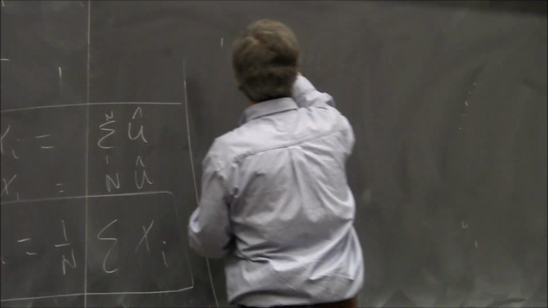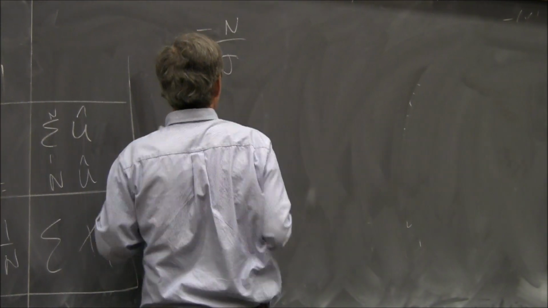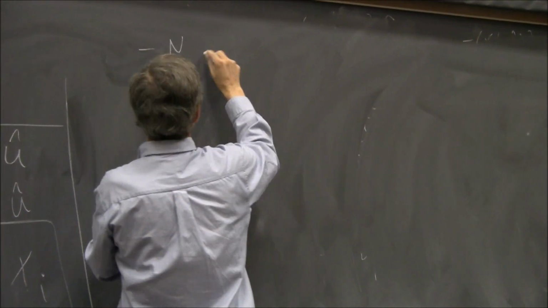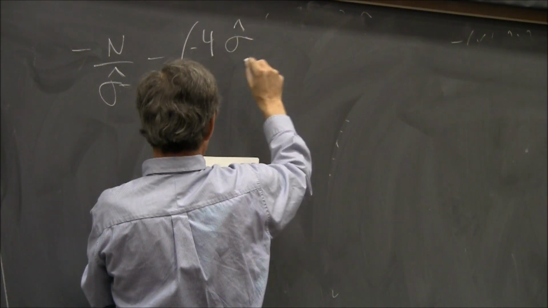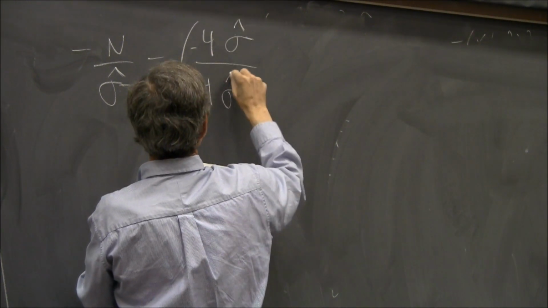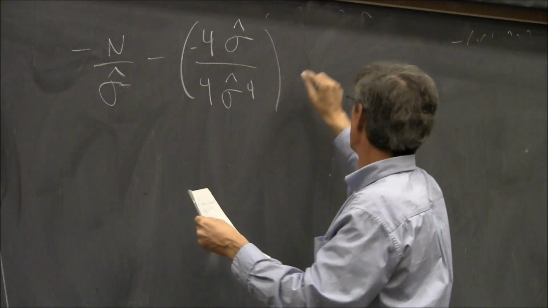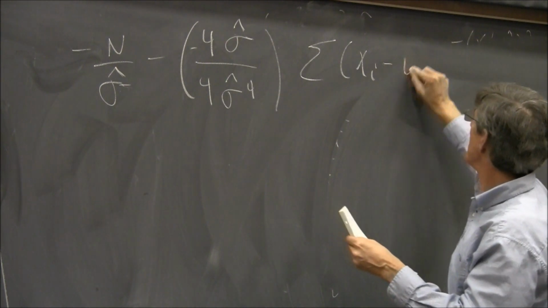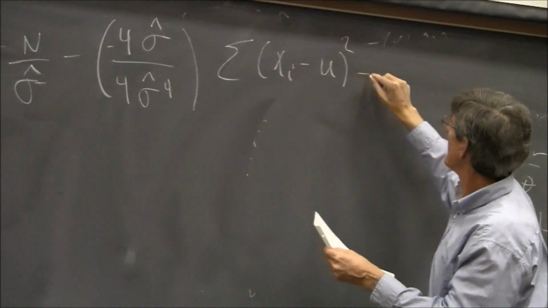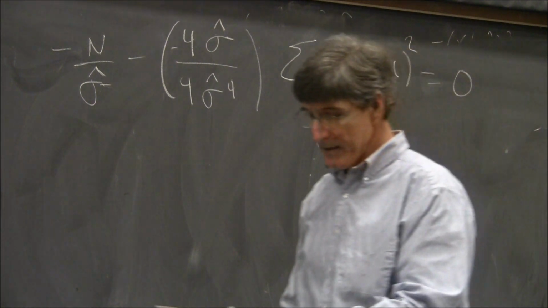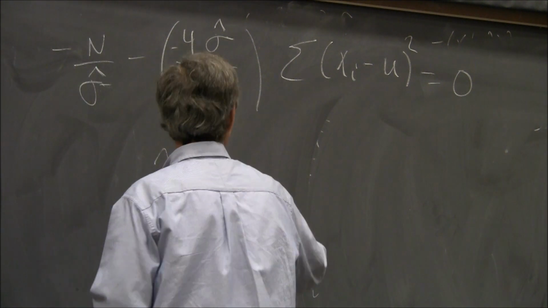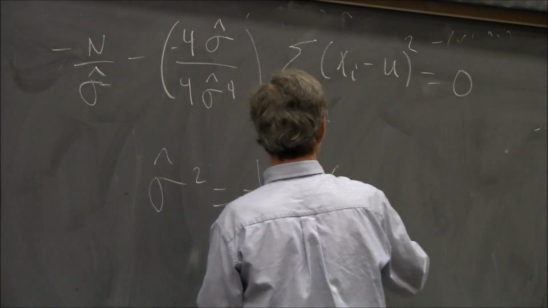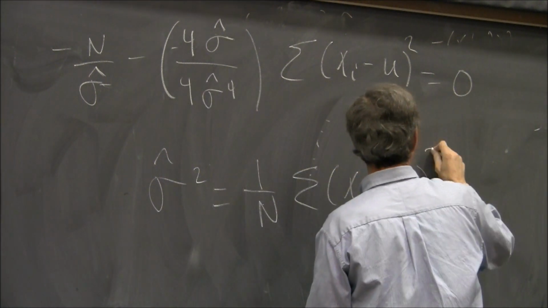So the derivative turns out to be minus n over sigma hat plus 4 sigma hat over 4 sigma hat to the fourth times the sum of the xi minus mu squared. And that has to equal 0. So we take the derivative, set it equal to 0. And then you do some algebra, and you'll get that sigma hat squared is 1 over n times the sum of the xi minus mu squared.